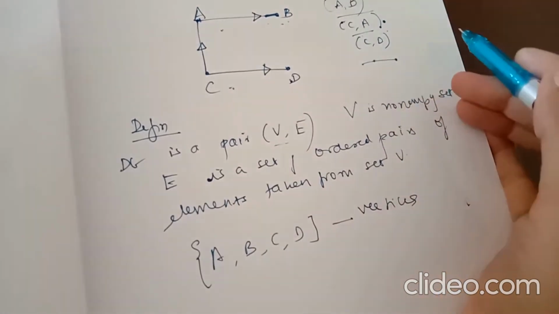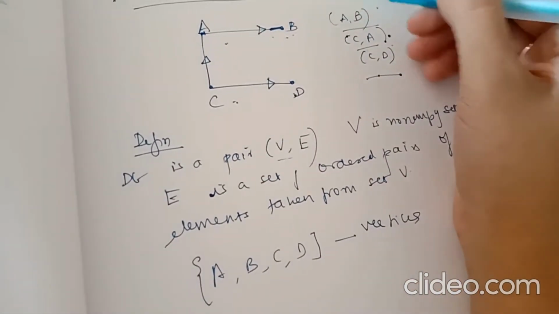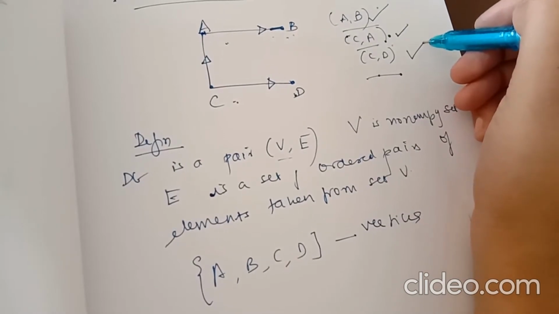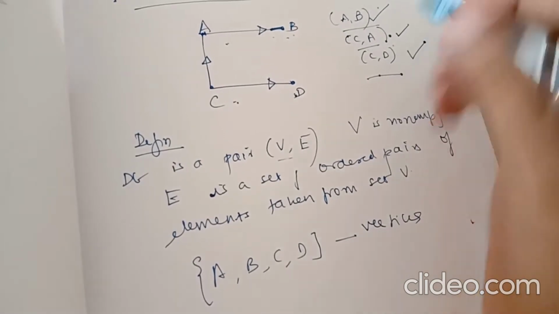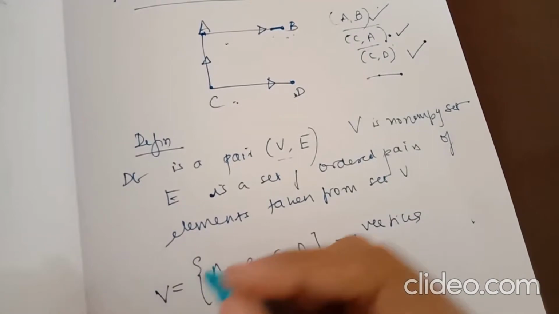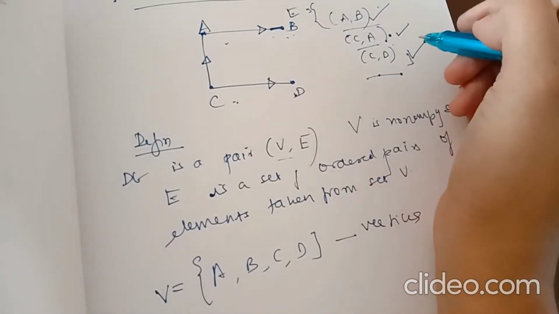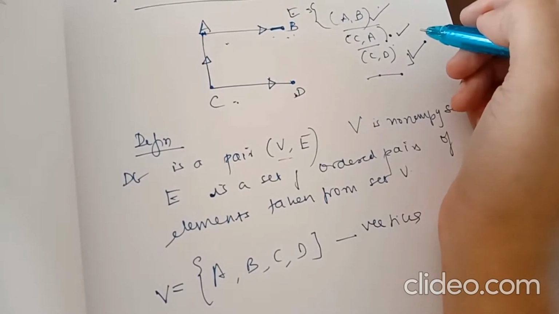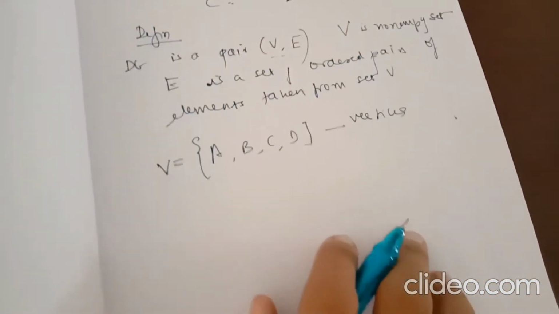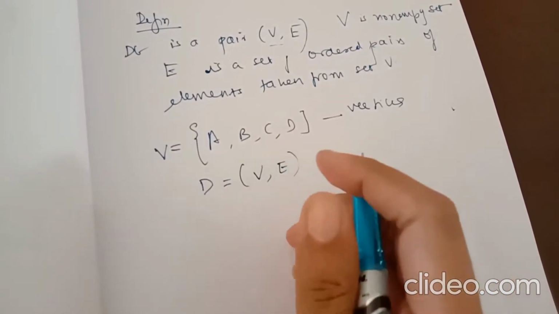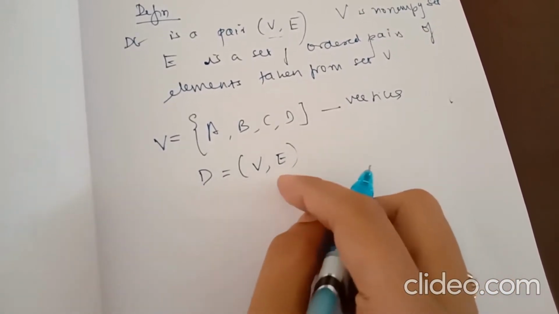They are nothing but the ordered pairs. So these are called the directed edges. The set V is called the vertex set, and the set E, which consists of these ordered pairs, is called the directed edge set. So we represent a directed graph by D equal to the ordered pair consisting of vertex set and edge set.